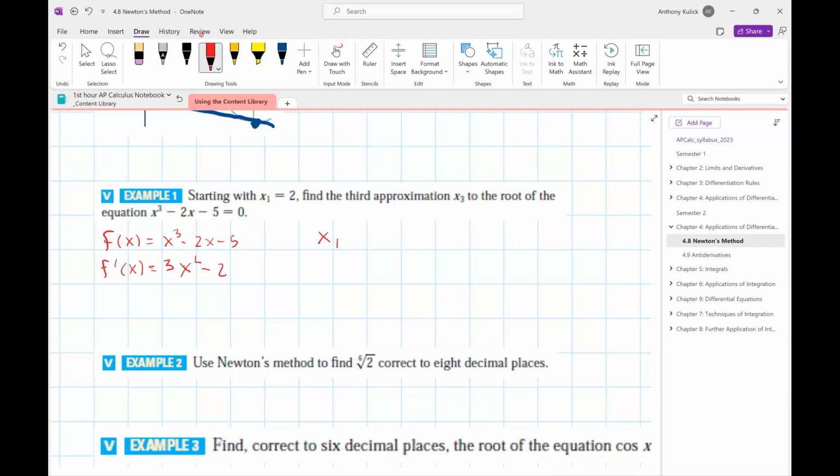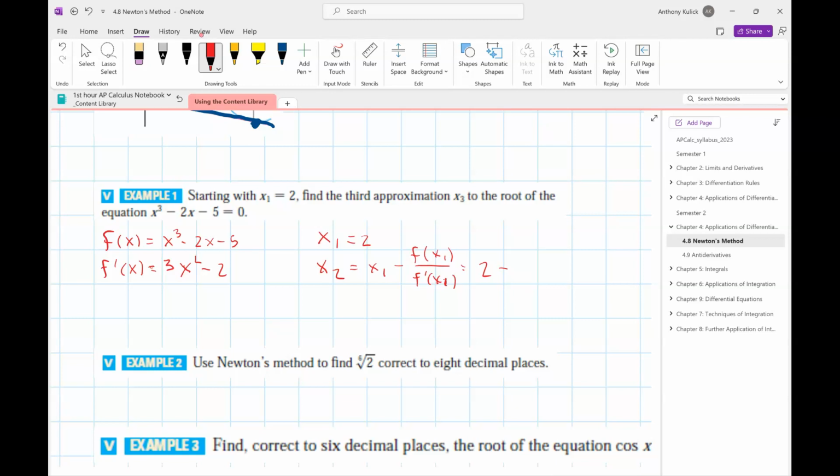So x1 is 2. x2 is going to be x1 minus f of x1 divided by f prime of x1. So that's going to be 2 minus, and then what is f of 2 going to be?